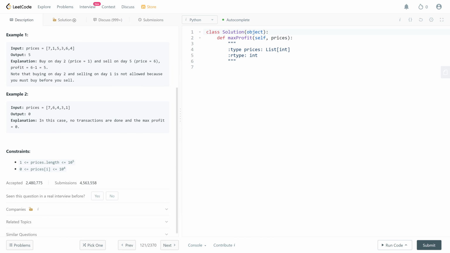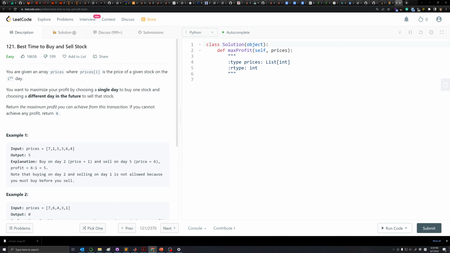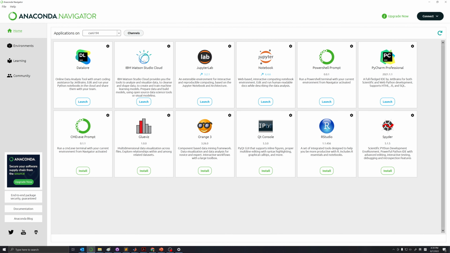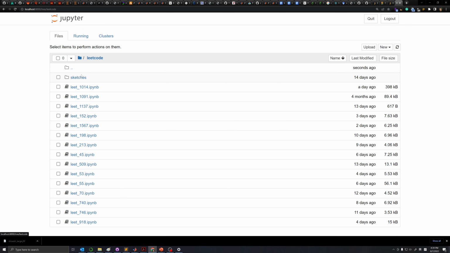All right, so we have some constraints. Everybody knows what buying and selling stocks is, right? So it's nice, we can start prototyping already. Let's start our Jupyter notebook, and then we're going to get into our LeetCode problem.